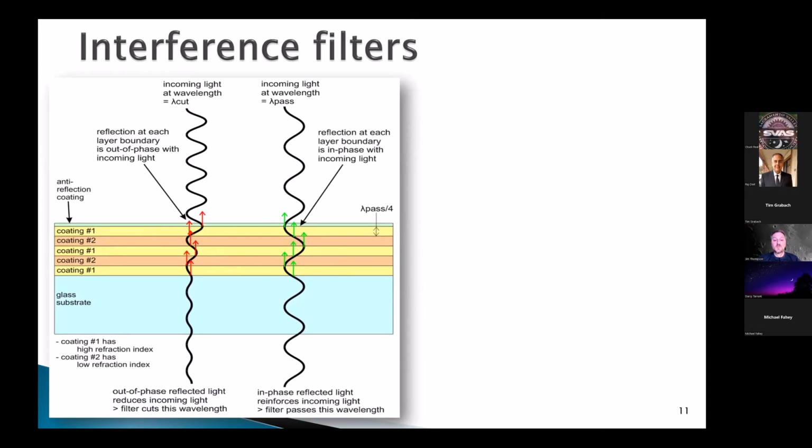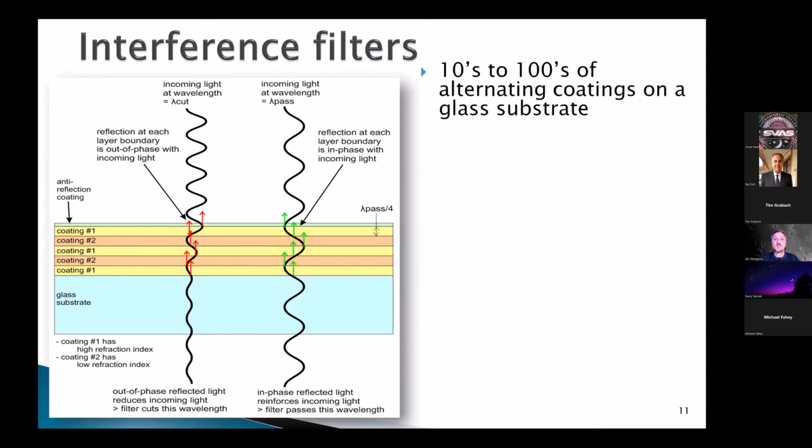Interference filters are rather different than absorption filters. They are made by adding tens to hundreds of thin alternating layers on a glass substrate. Each layer is made up of different materials with varying refractive indexes.